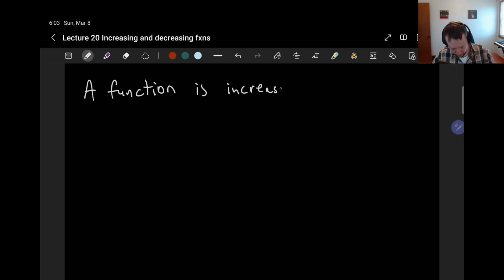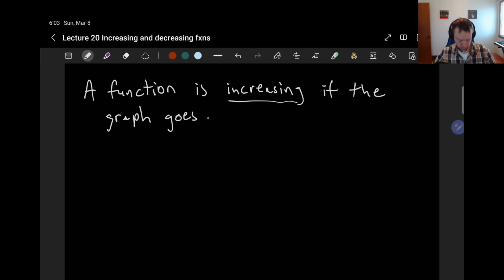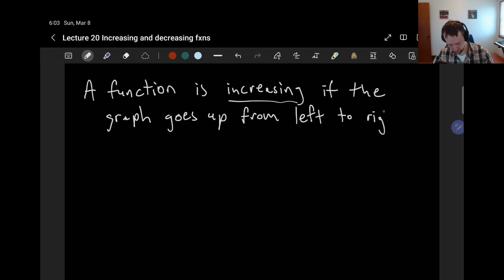We say a function is increasing if the graph goes up from left to right. And I'll draw an illustration in a minute. Let's actually just make this a whole sentence.